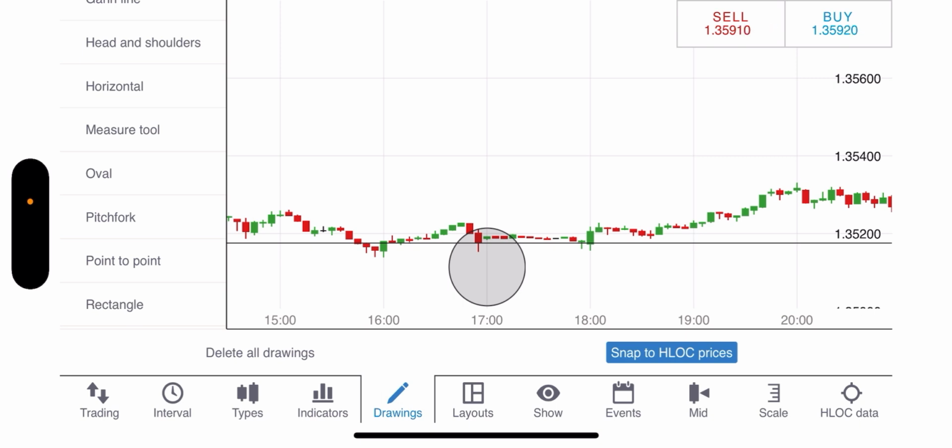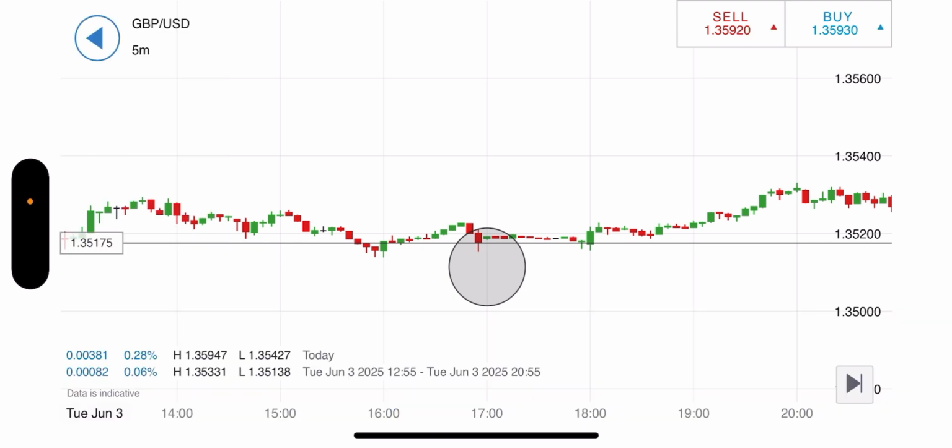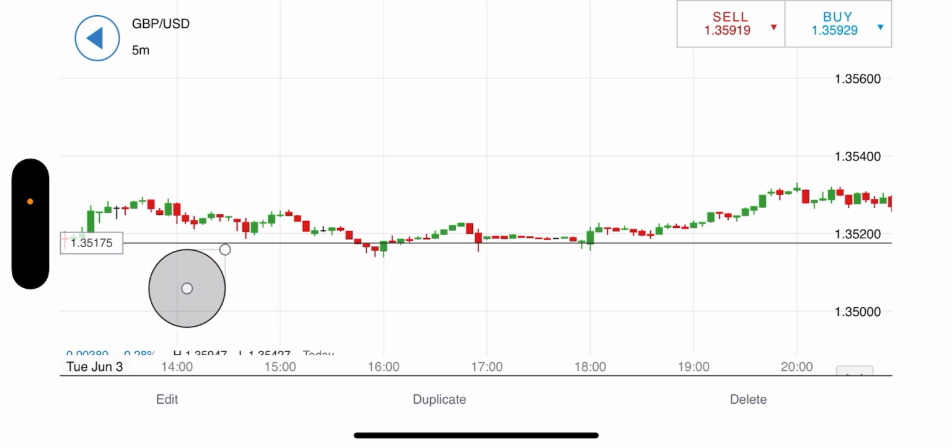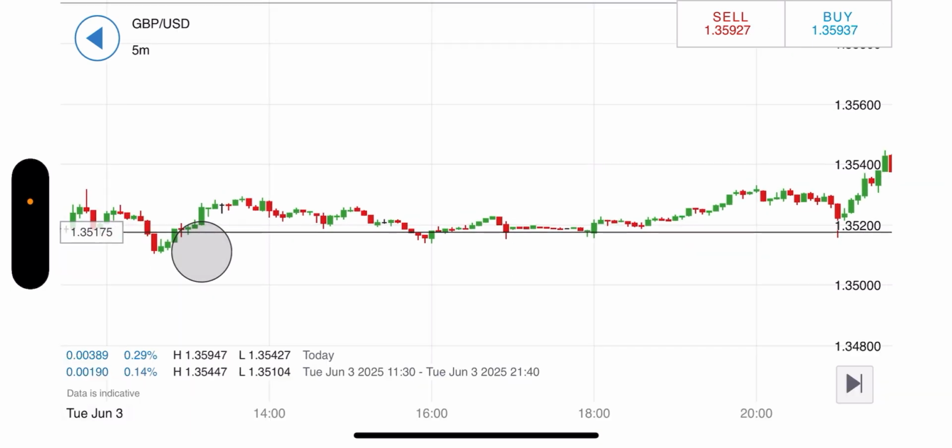So again, if we use this same method where we draw lines that are 30 pips above and 30 pips below as targets, we'll see that our value at the close of Tuesday was 135,175. So if it goes in the up direction, we're going to look for 135,475.